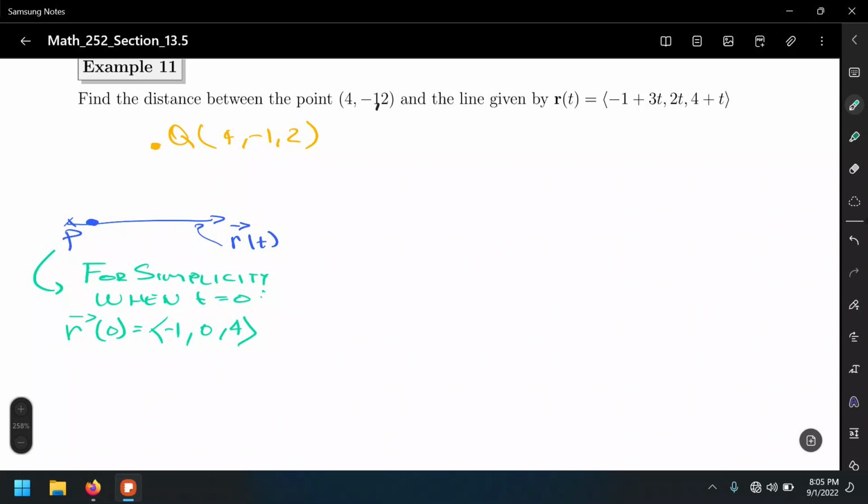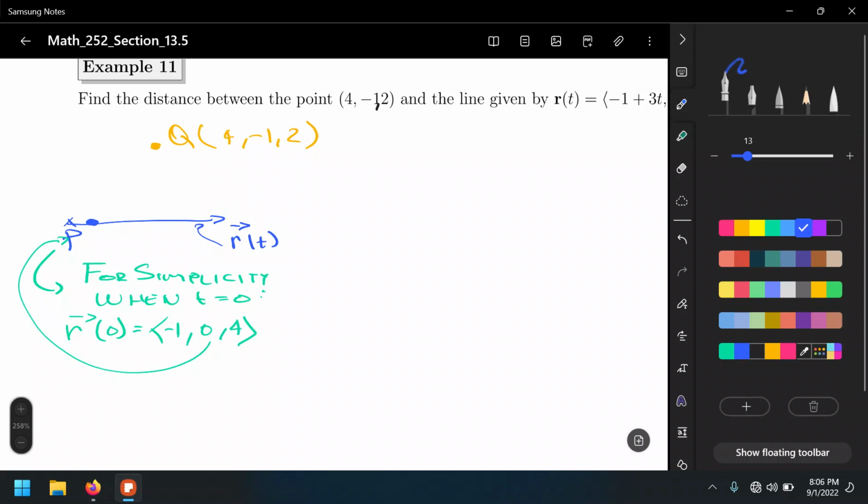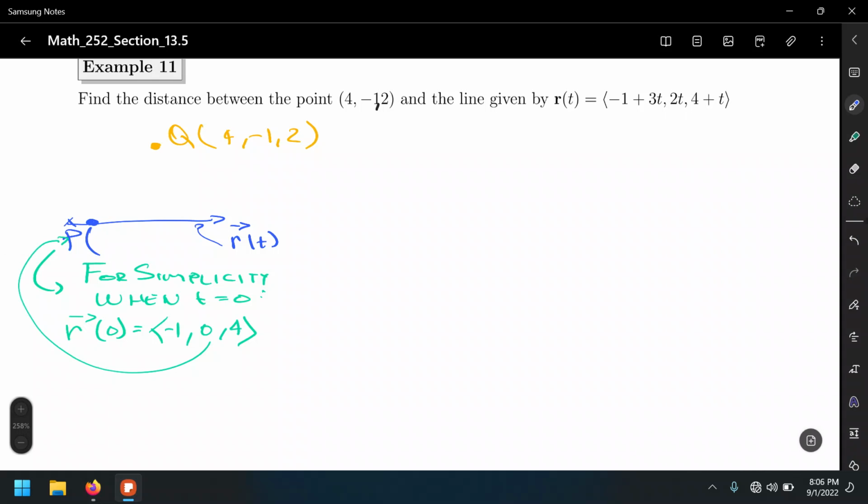But again, you might argue that this is a vector, not a point. But recall that these outputs that we get on vector valued functions are points on the line in this case. So this is equivalent to having this point right here, (-1, 0, 4).